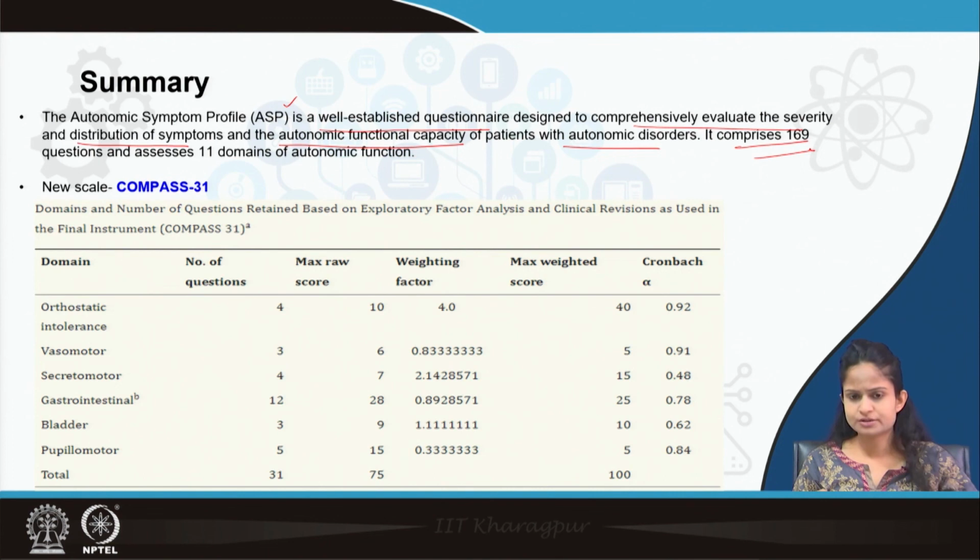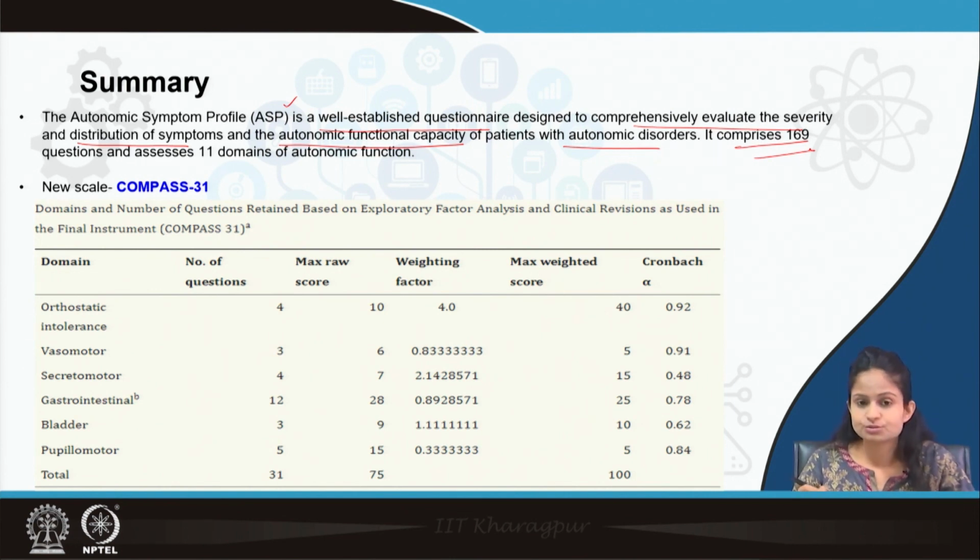Generally 11 domains used to get assessed, because when we talk about generalized autonomic failure, we are not only concerned about cardiac autonomic neuropathy, we are concerned about whether the oculomotor reflexes, that means the pupillary light reflexes, are normal or not, whether the secretory functions, the secretion of the glands, are normal or not, whether the gastrointestinal functions are normal or not, whether the erectile function is there or not. So, there are various domains which are assessed.